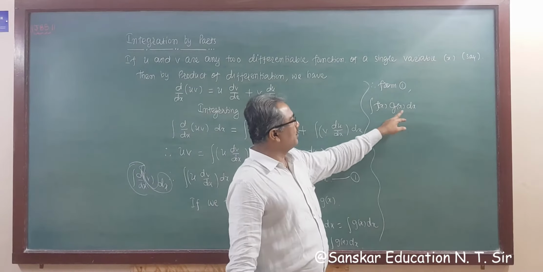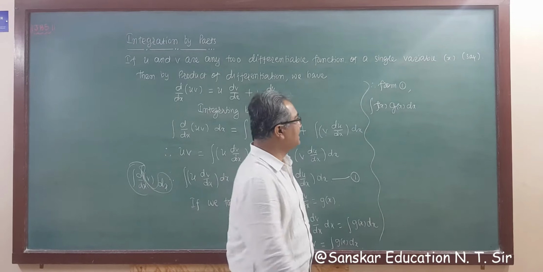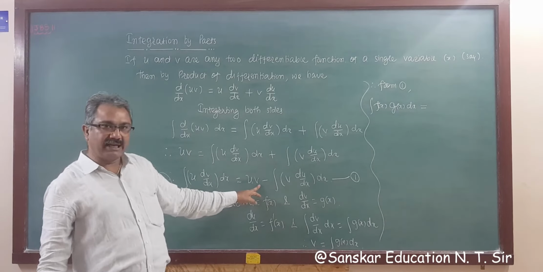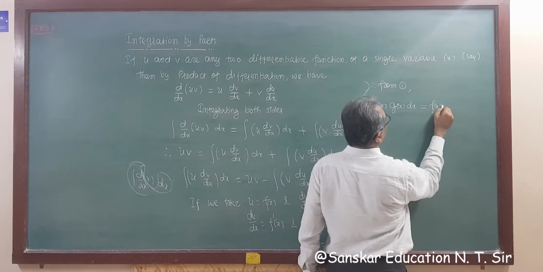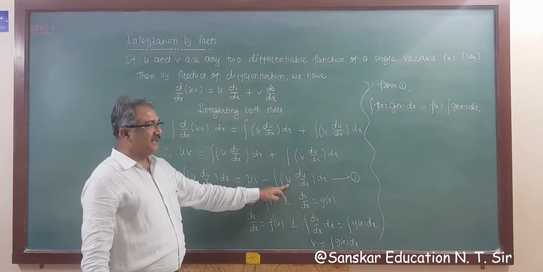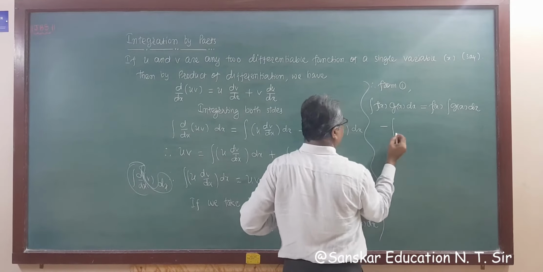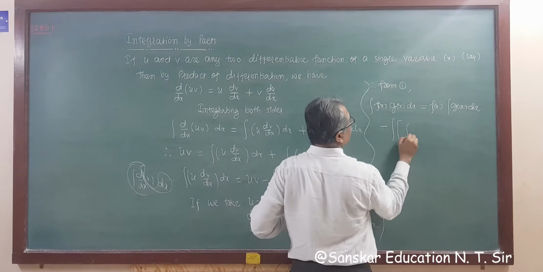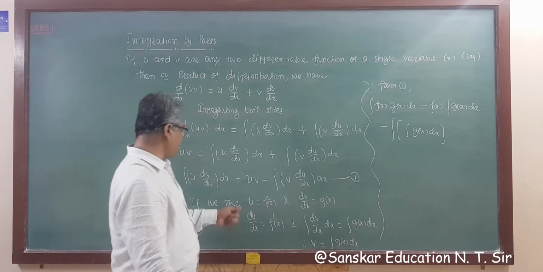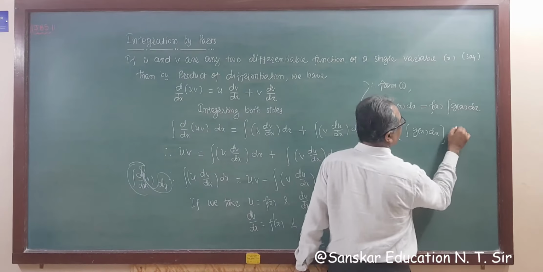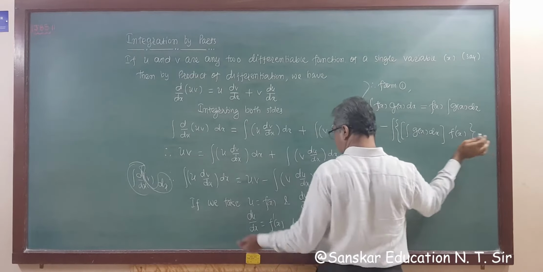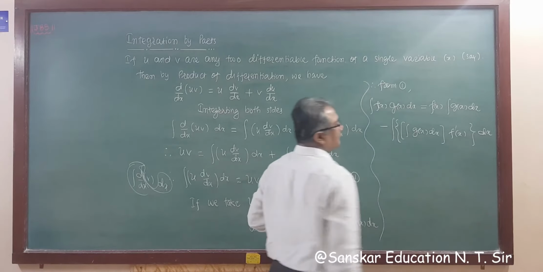So integration of f(x) g(x) dx is equal to, now u is f(x) and v is integration of g(x) dx, so f(x) into integration of g(x) dx, minus integration of v du/dx, where v is integration of g(x) dx and du/dx is f'(x).